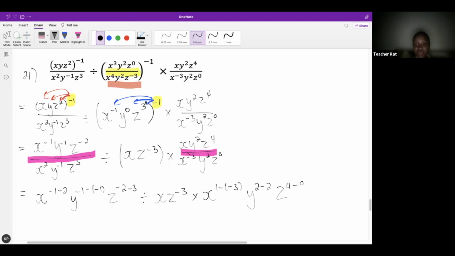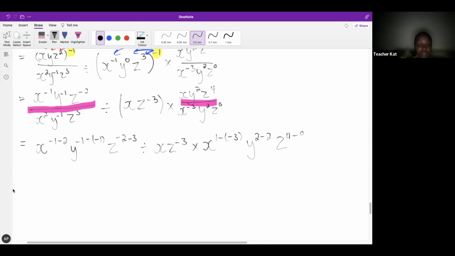Let me simplify quick. What's negative 1 minus 2? Negative 3. What is this minus going to create for us here? A plus. So it's going to be y to the power of negative 1 plus 1, guys.